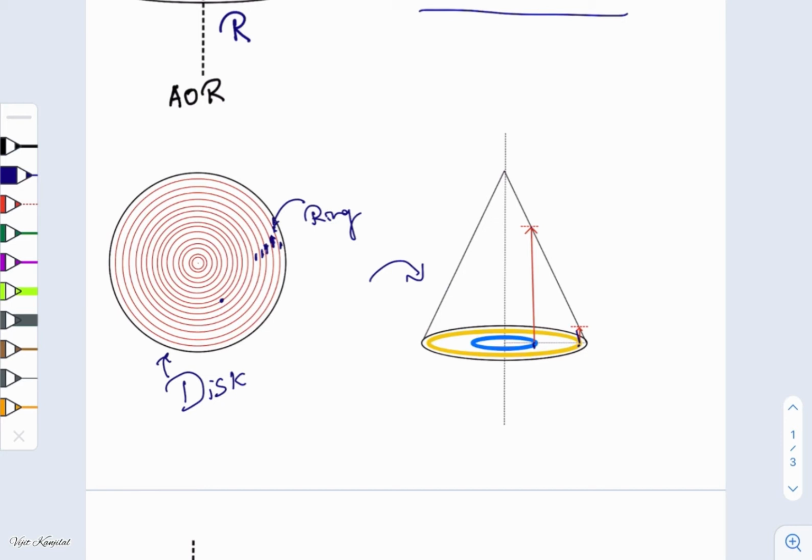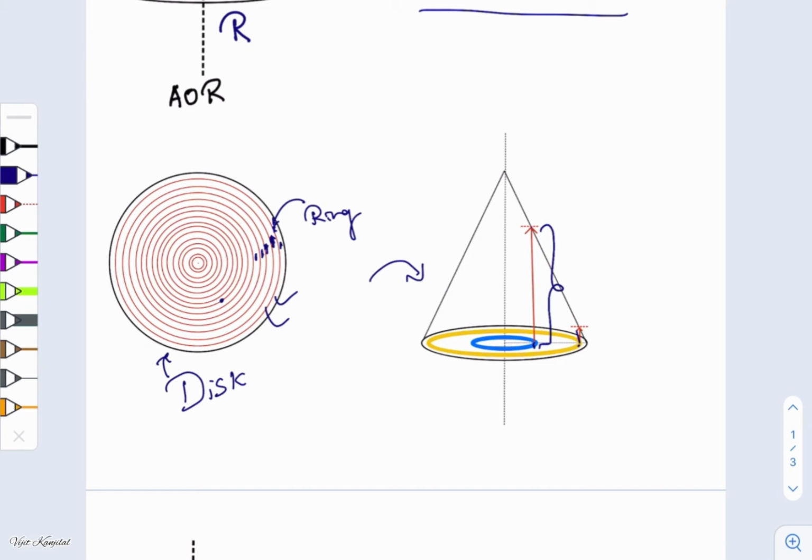Eventually we take each of these strips and lift each of them to a definite height, and the height by which a particular strip is lifted is a linear function.